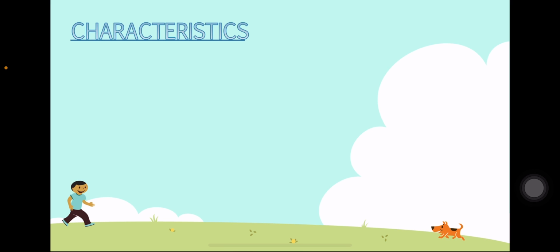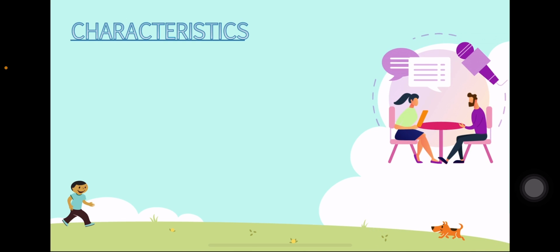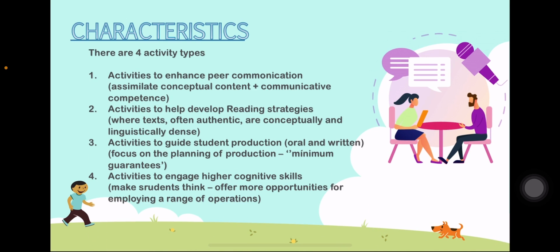Some characteristics of CLIL are, well, I'm going to start with the 4 activity types. Number 1 is activities to enhance peer communication, which is to assimilate conceptual content plus communicative competence. Number 2, we have activities to help develop reading strategies, where texts are often authentic and are conceptually and linguistically dense.